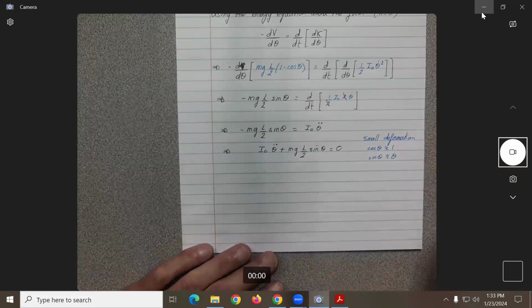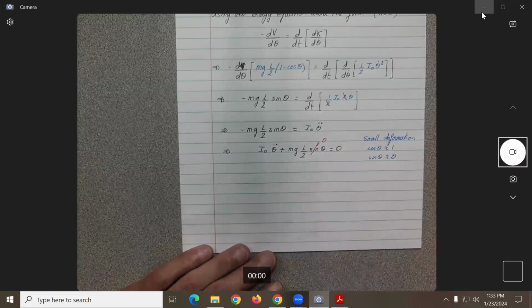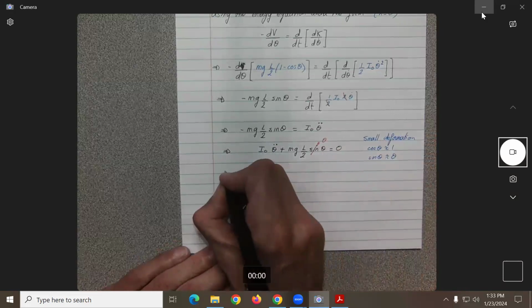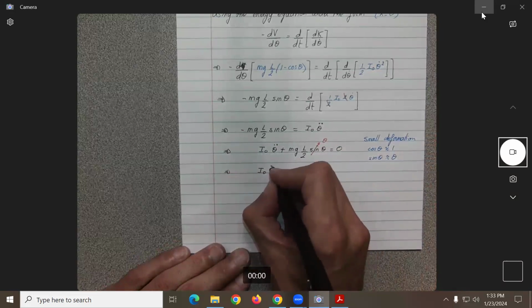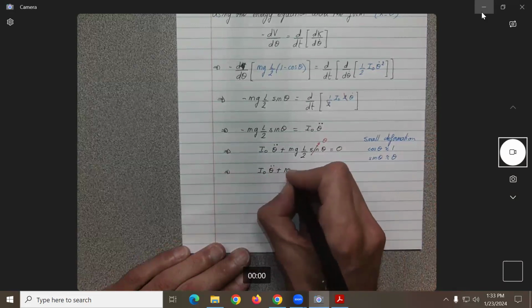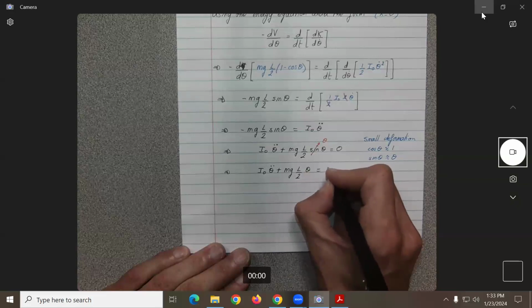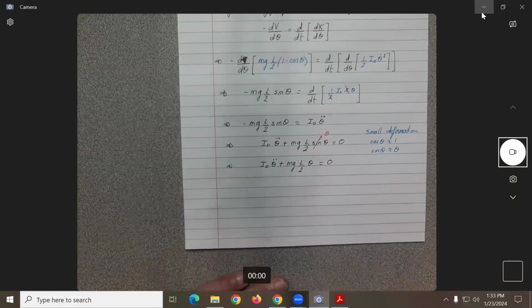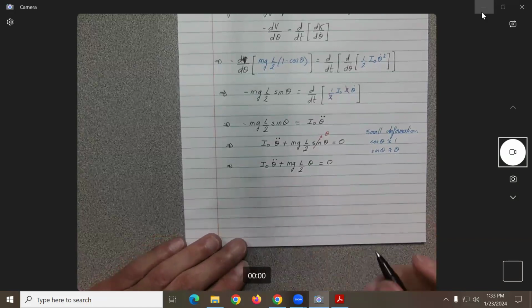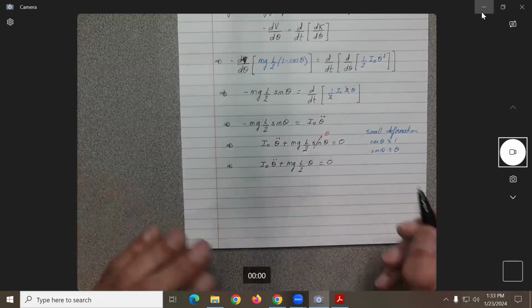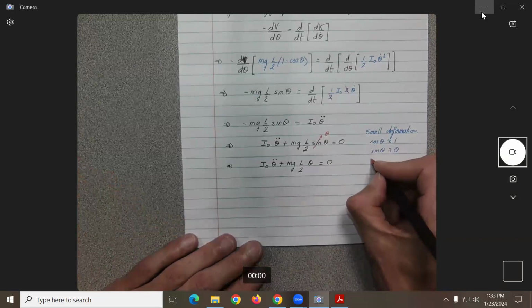So that means that in our approximation, we're going to have I sub naught theta double dot plus mg L over 2 theta equal to 0. Okay, this is correct 100%. And I'm not going to redo it again. I did it last time.